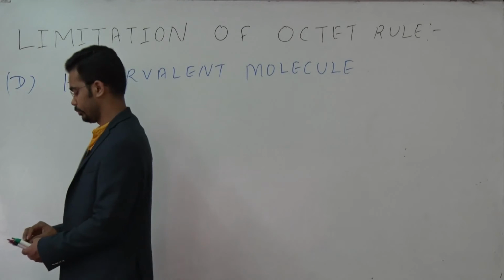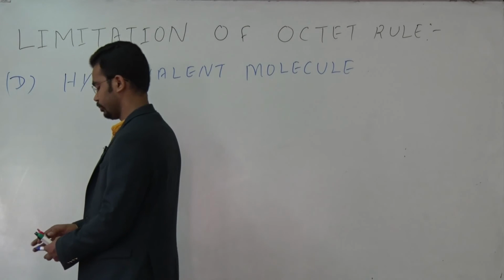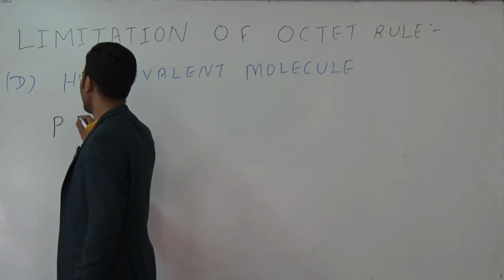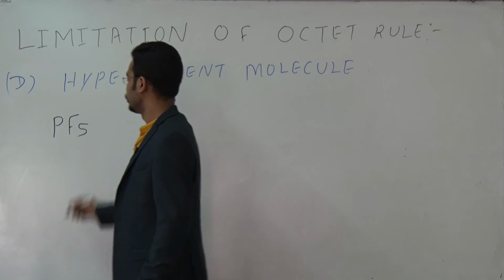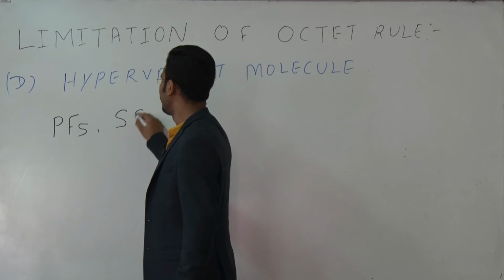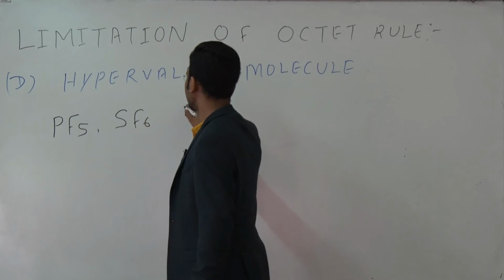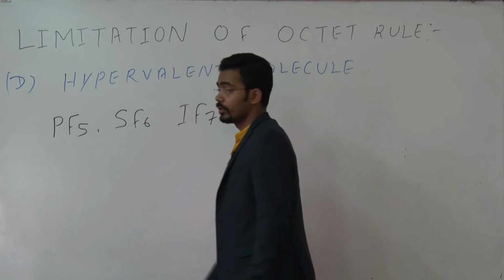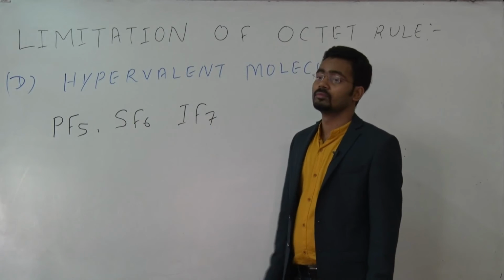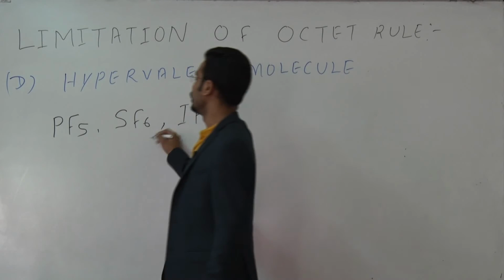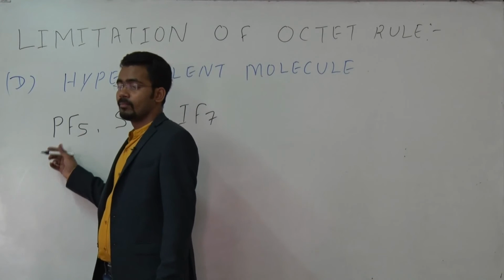Examples: PF5, SF6, IF7. So see here, you have to draw the structure.